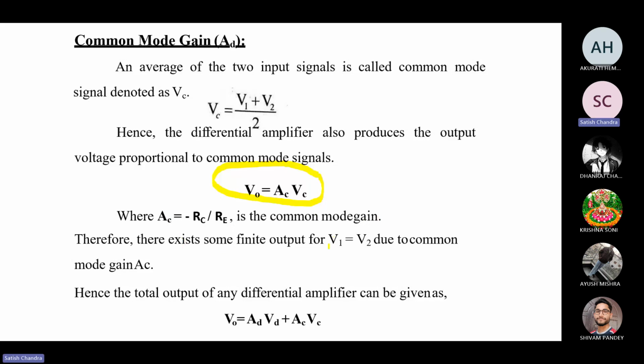It means V1 is equal to V2 due to the common mode gain AC. Hence, overall, the output along with the common mode as well as the differential will give this result: E naught is equal to AD VD plus AC VC.